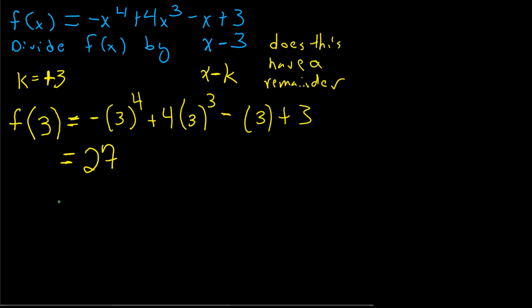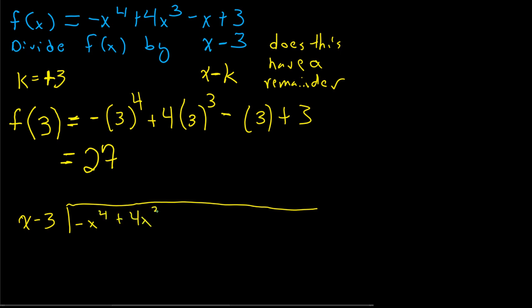Now I'm going to do the double check on this. I'm going to take x minus 3 and I'm going to divide it into this. But no, I have my missing x squared in there.